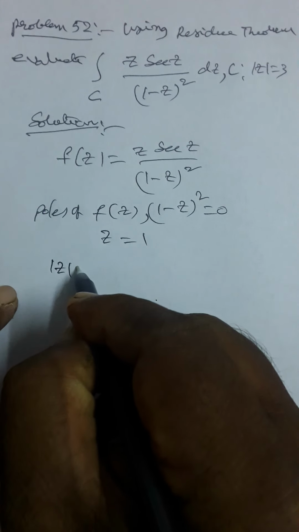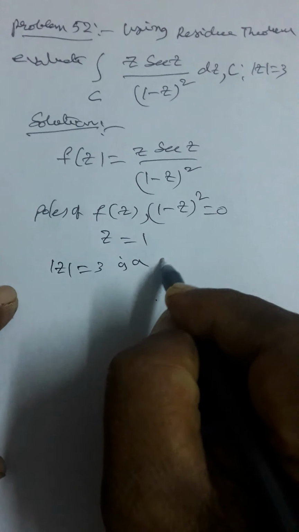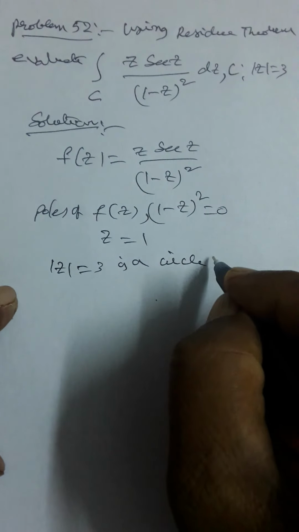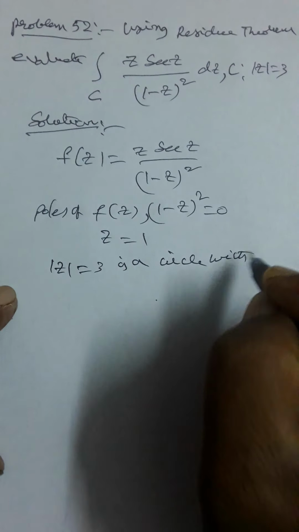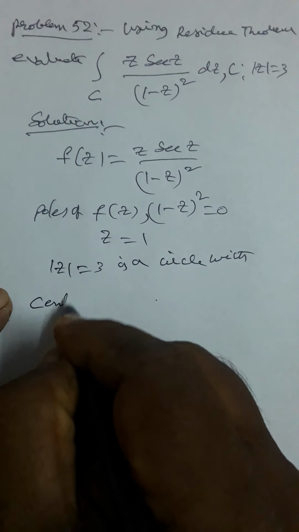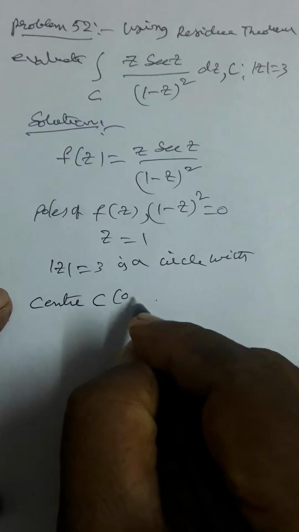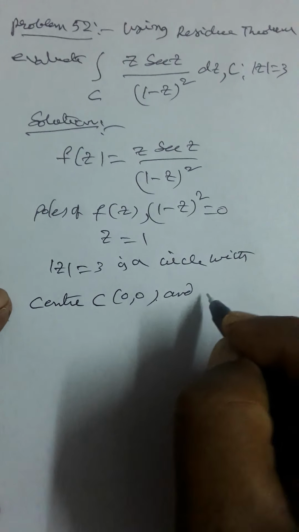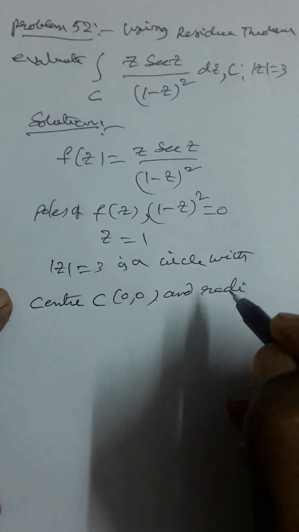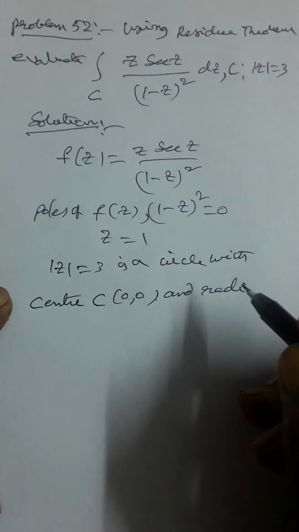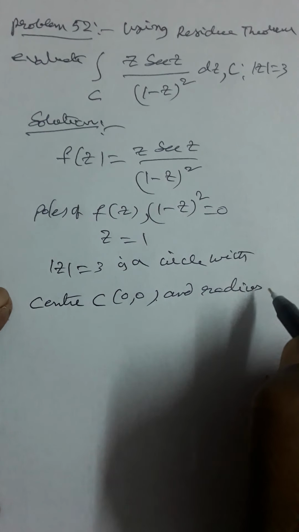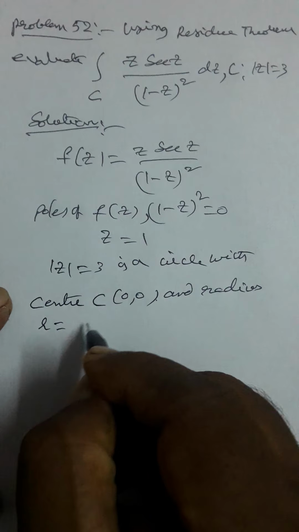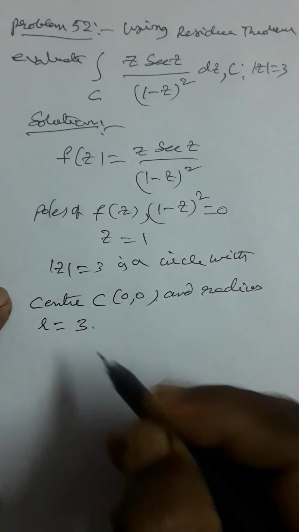Mod z is equal to 3 is a circle with center C (0, 0) and radius r is equal to 3.